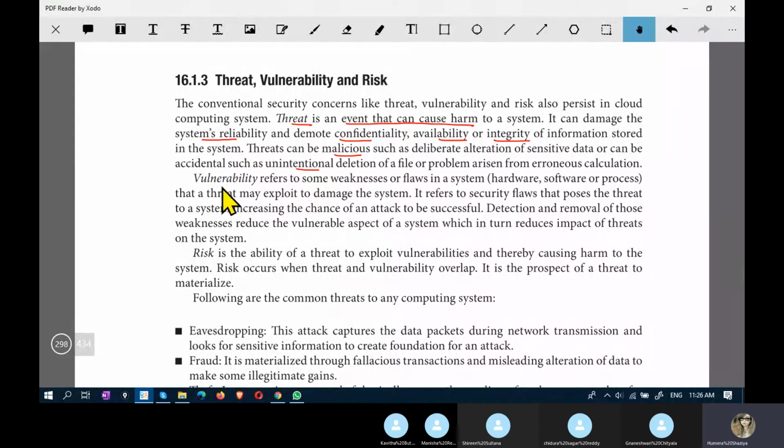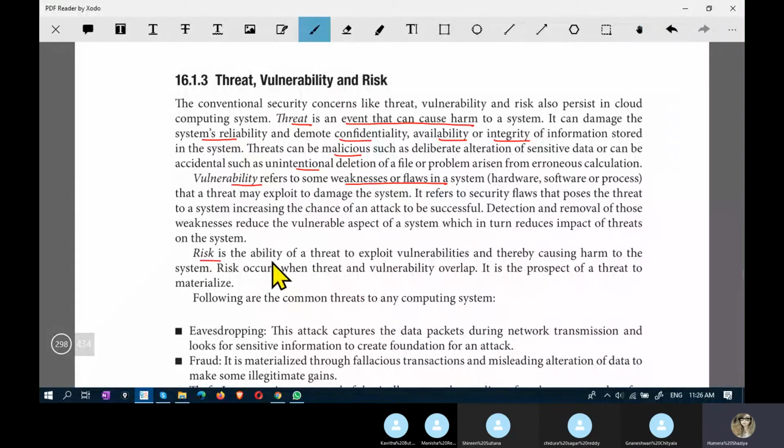Vulnerability refers to a weakness or a flaw in a system. If there is a weakness or a flaw in a system, it is more vulnerable to damage, and it is prone to the threat. Okay, and then risk.